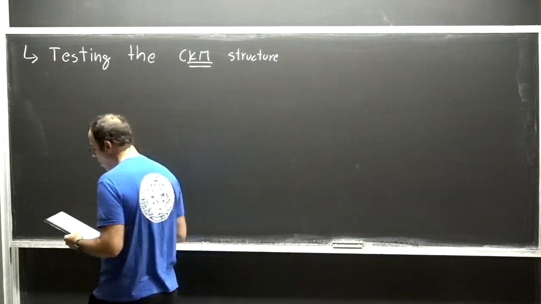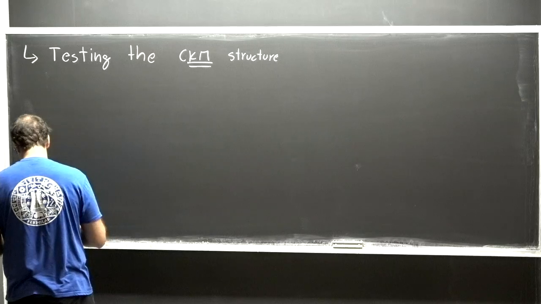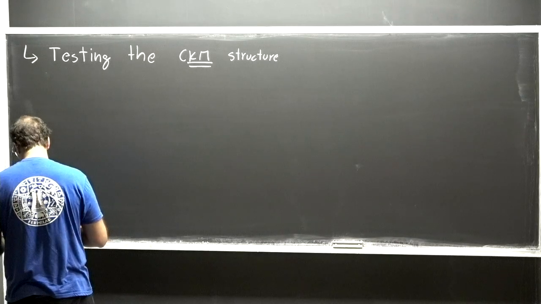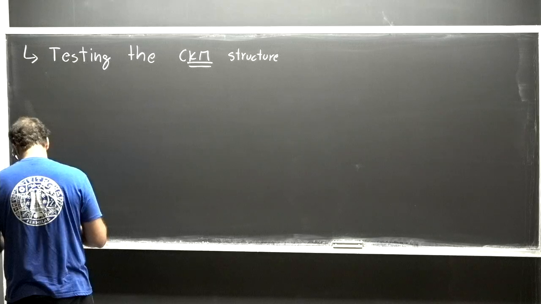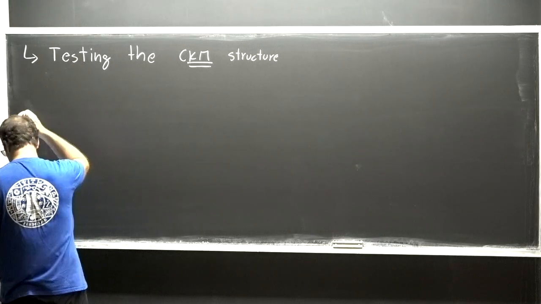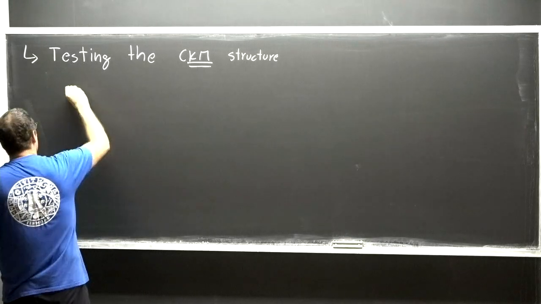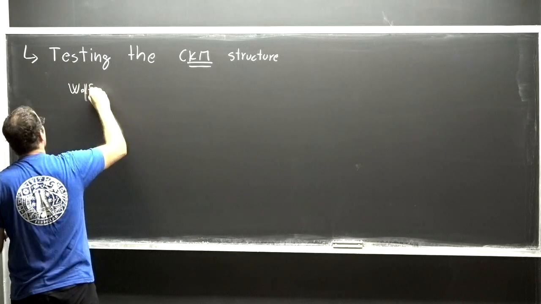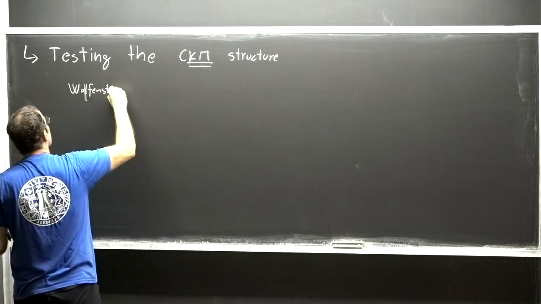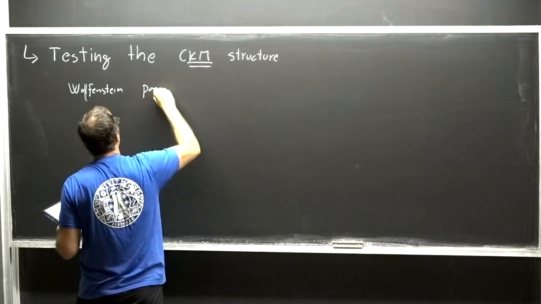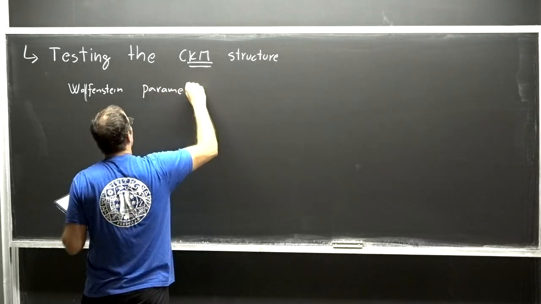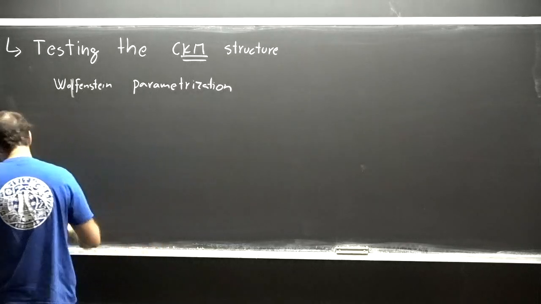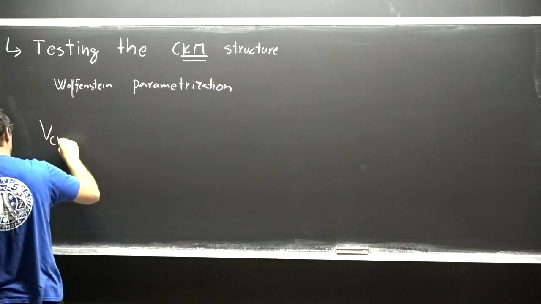All right, so all flavor transitions are determined in terms of 4 parameters. And we'll use the so-called Wolfenstein parametrization, which I alluded to, but now I write it explicitly.